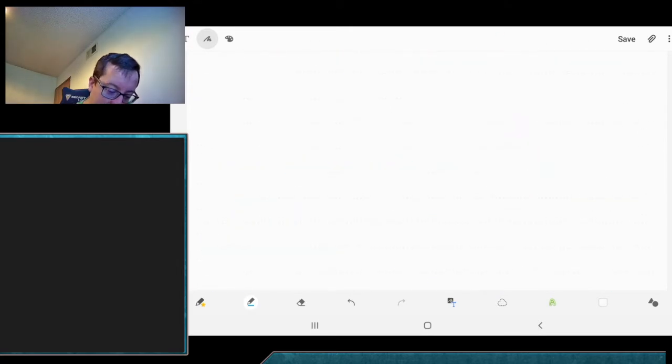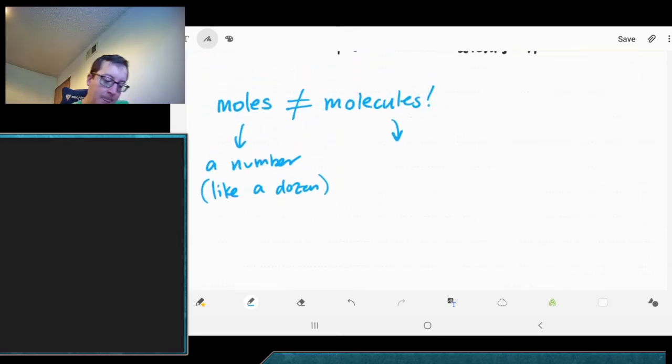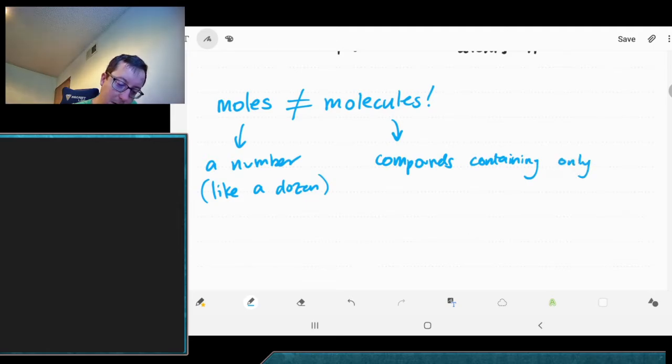There's a hair on my tablet. Go away. Molecules are compounds containing only nonmetals, but we'll talk about that later. We'll learn about what nonmetals are later on, but suffice it to say they are a type of compound.